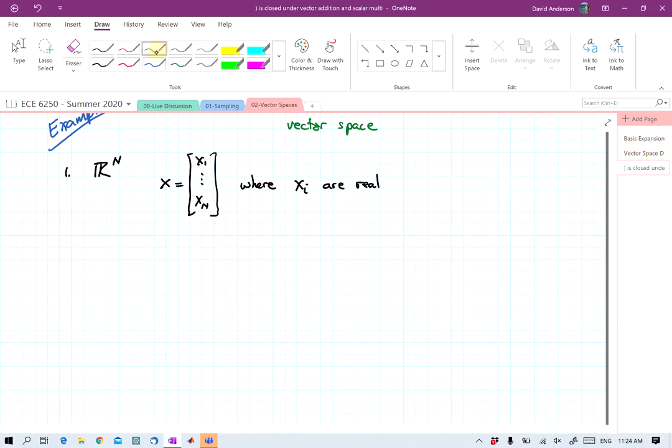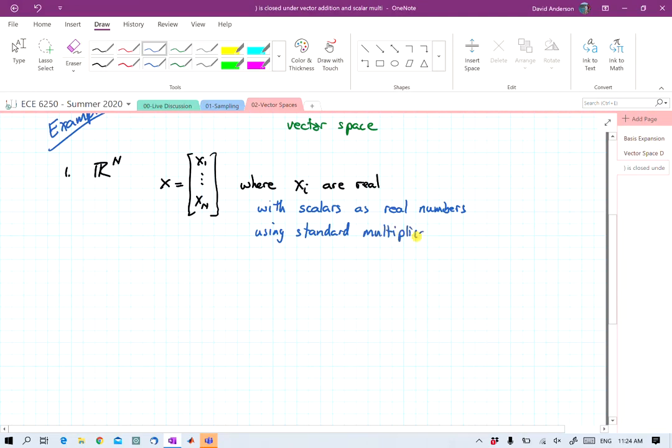So let's put that in there, with scalars as real numbers, and the rules using standard multiplication and addition that you've learned previously.